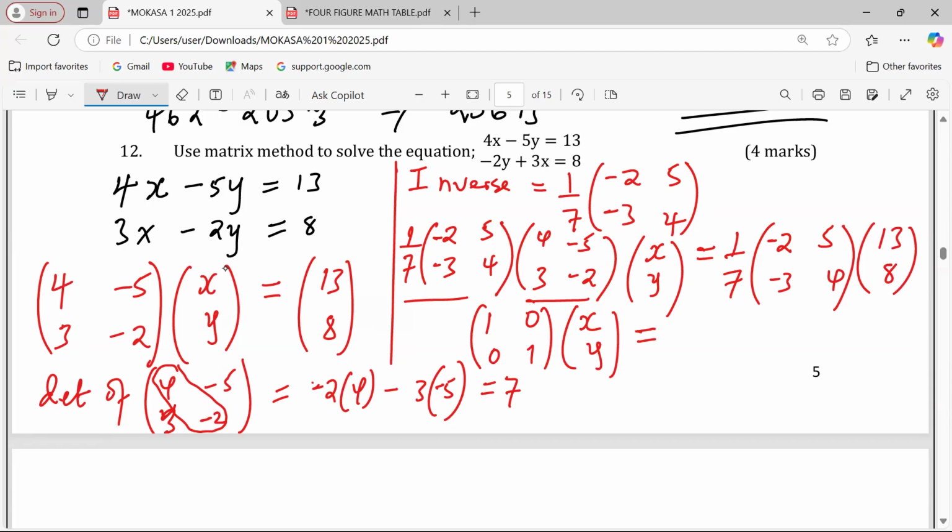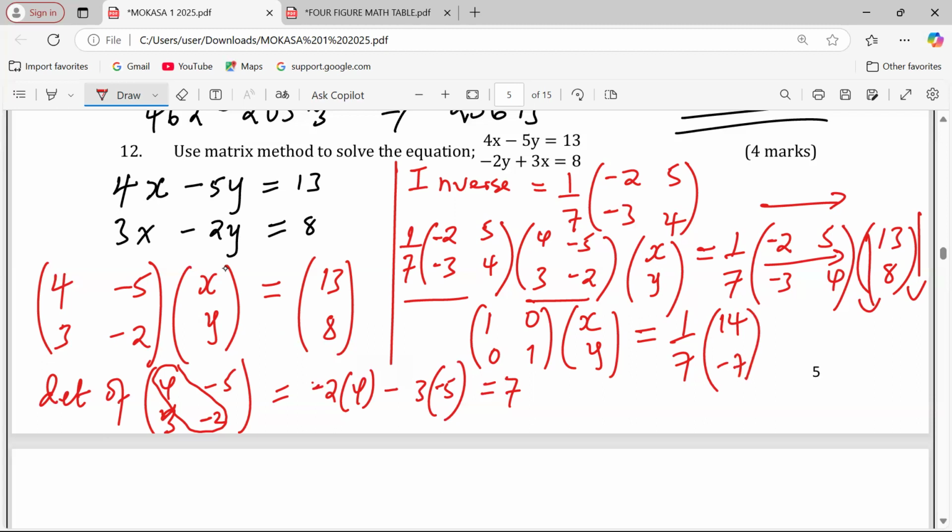This is equal to 1 over 7 into, we multiply here, row by column. So negative 2 by 13 plus 5 by 8 will give us 14. Then again, the second row and the same column, negative 3 by 13 plus 4 by 8. This will give us exactly negative 7.